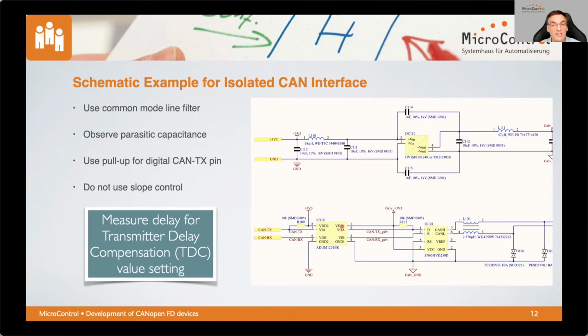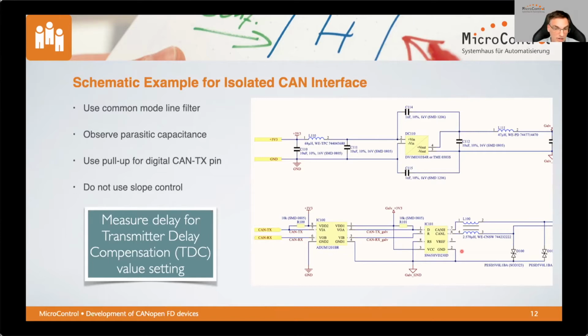That means never ever even think of putting some kind of RC filtering at the end here of your CAN transceiver. That is no good idea at all. Next point is, of course, you should use a pull-up for the digital CAN TX pin in your design.